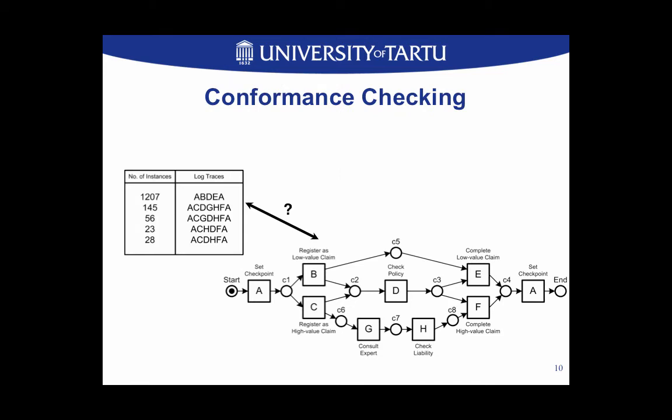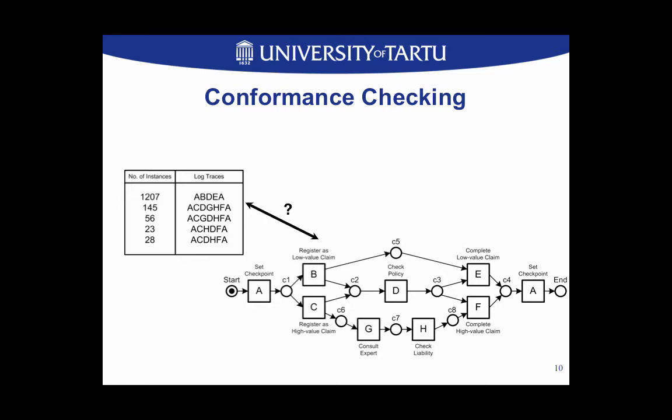Yeah. So there is another problem related to that, which is conformance checking, and it's quite related to these dimensions of quality of a discovered process model that I talked about. In conformance checking, it's kind of easier. I give you a model and I give you a log, and I just want to tell you if this log and this model match each other, and if not, to what extent they do not match.